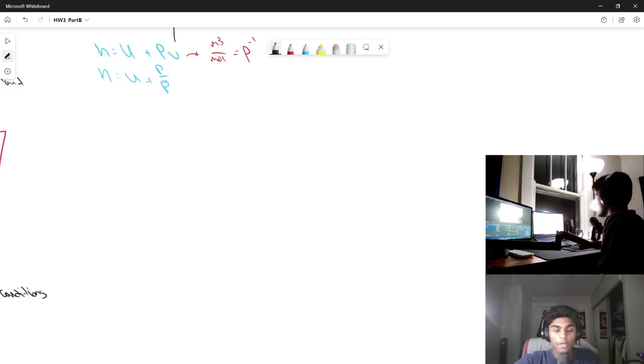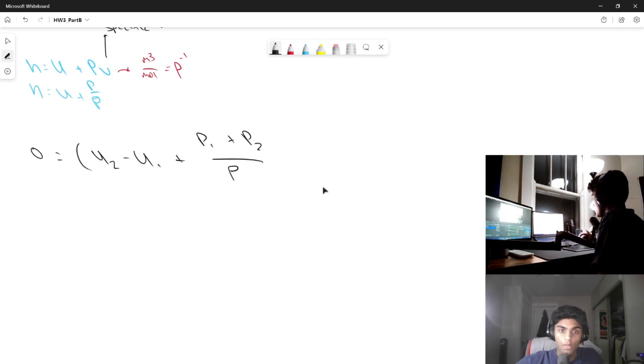So now that we have all that talk done about steady state and what that means for this case, let's set up this equation. We're going to set that left side equal to 0. Remember, there's no time-dependent change right now. And so on this side, we're going to have the difference in internal energy at 2 minus at 1, plus the pressure term, P2 minus P1, over rho. We're assuming a uniform density here, so we're just going to divide by rho.